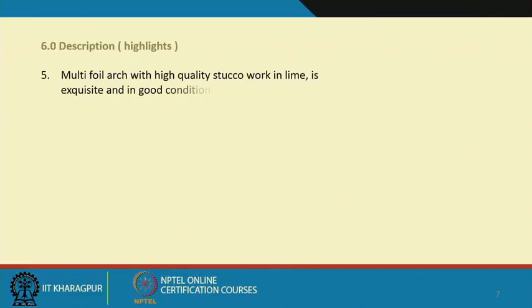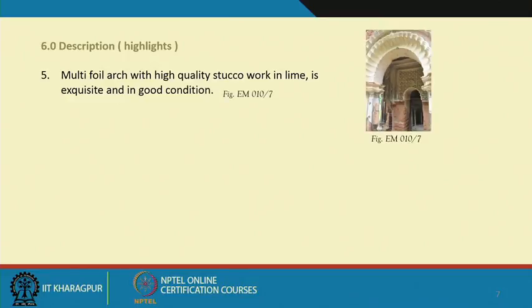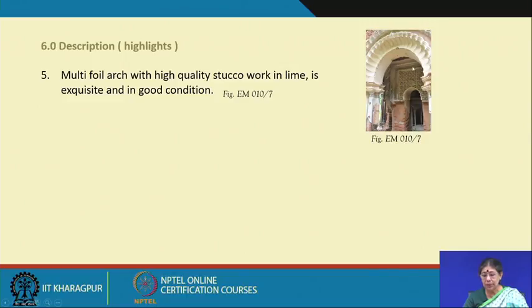And we can go on, there can be many other documents. We have to clearly identify in the description what the highlights are. Like the multifoil arch with high quality stucco work in lime, which is exquisite and in good condition. Though there are certain things, this type of work is very typical of that time, very extraordinary work.